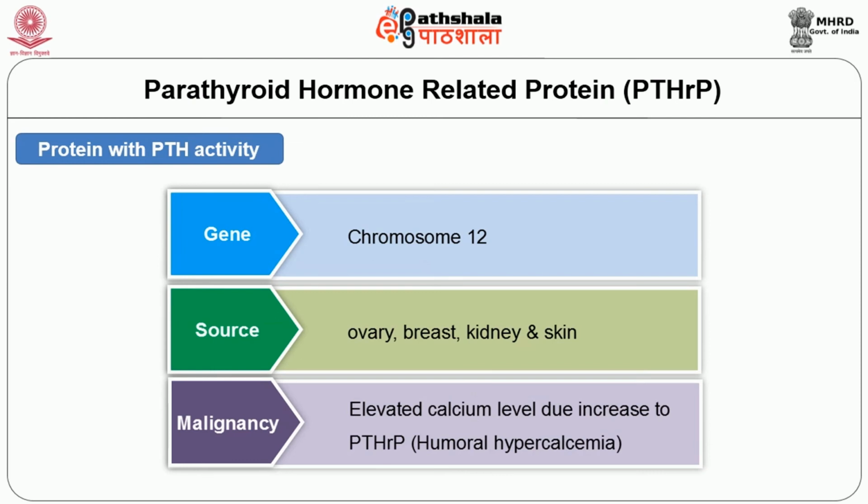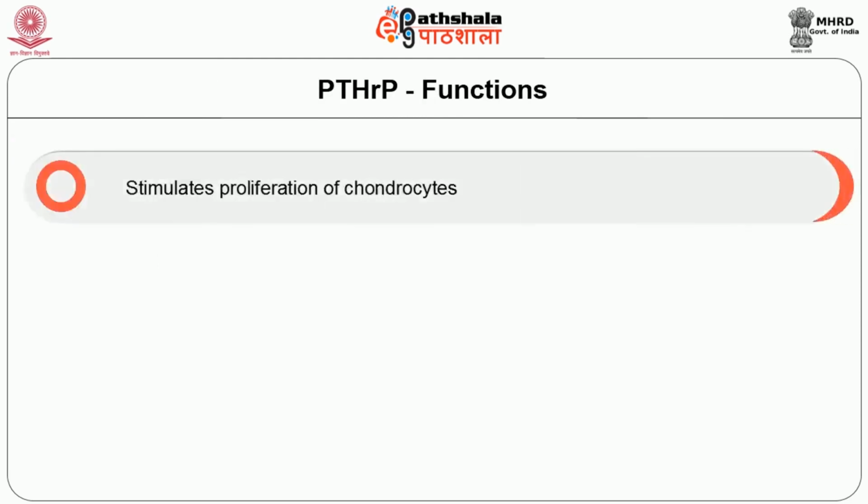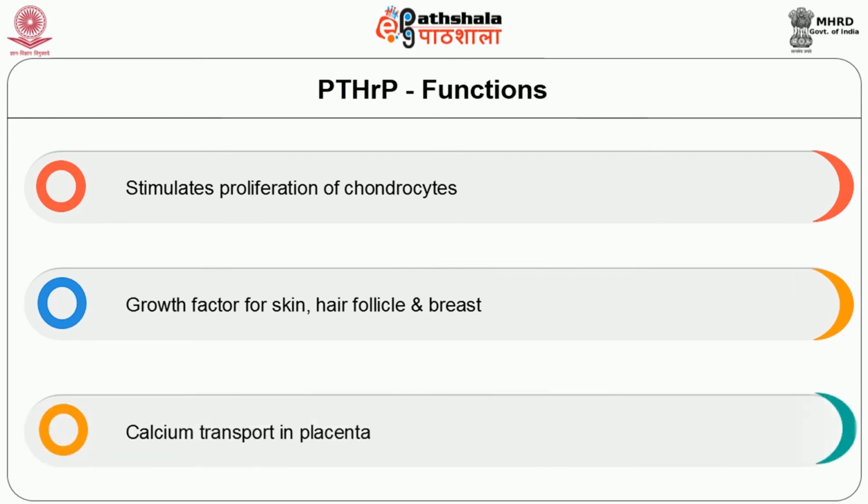This is called humoral hypercalcemia. Coming to the functions of PTHrP, they stimulate proliferation of chondrocytes, PTHrP acts as a growth factor for skin, hair follicles and breast, and they also facilitate calcium transport in the placenta.